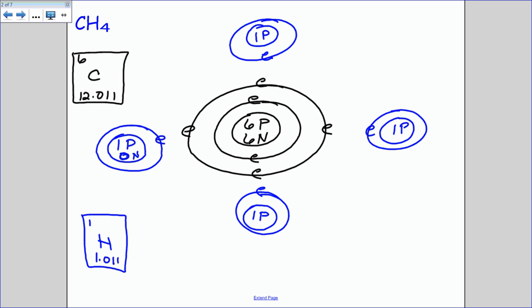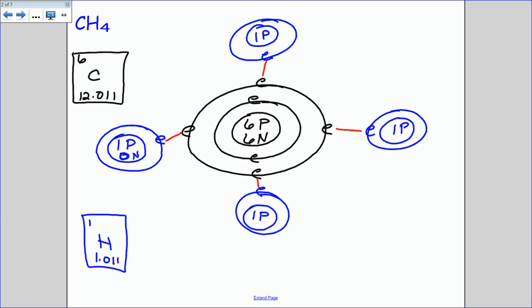Okay, so now for the hydrogen, all 4 of these hydrogens only have 1. Their energy level holds 2, so they need 1 more. You see how this fits together pretty good? So what we're going to do is draw a straight line between each of these electrons. You guys might have circled them.